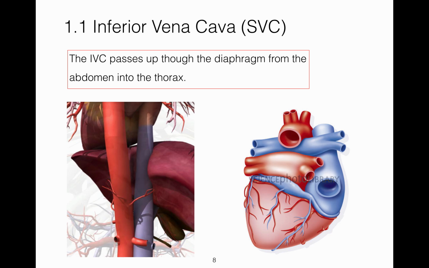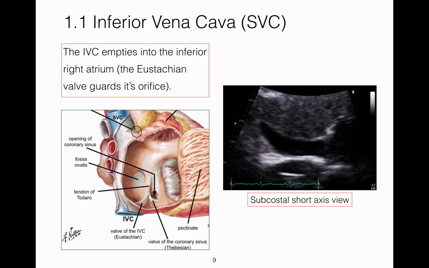The inferior vena cava. The inferior vena cava, the IVC, passes up through the diaphragm from the abdomen and into the thorax. The IVC empties blood into the inferior right atrium. The eustachian valve guards the orifice of the IVC.